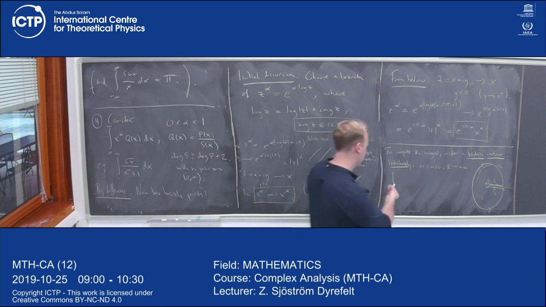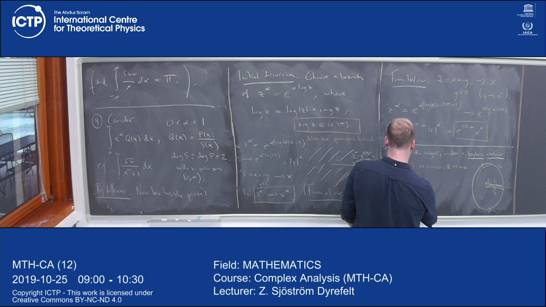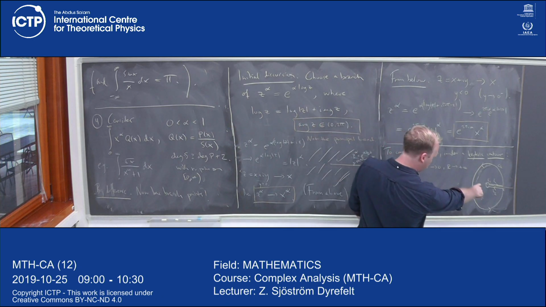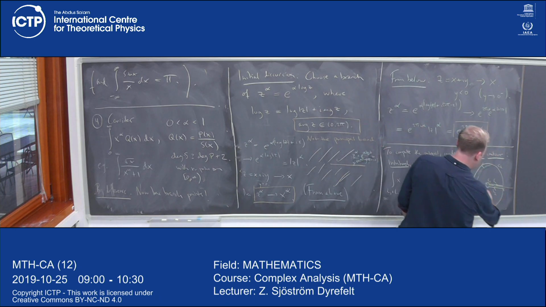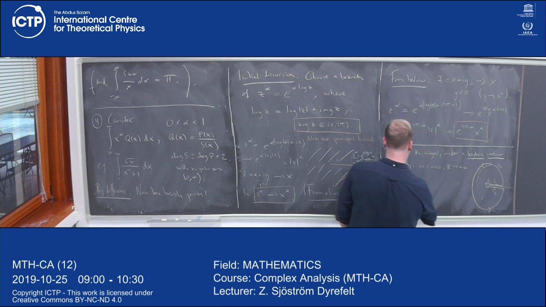So this will be like the integral of x to the alpha, but in the minus direction. So first it will be minus e to the 2 pi I alpha, x to the alpha, dx.